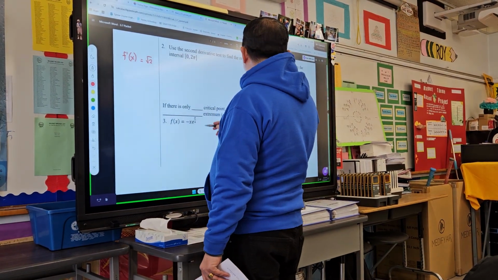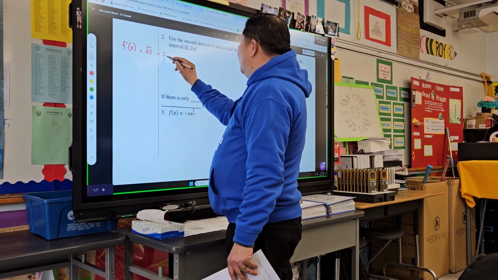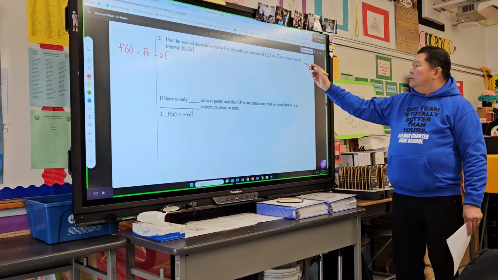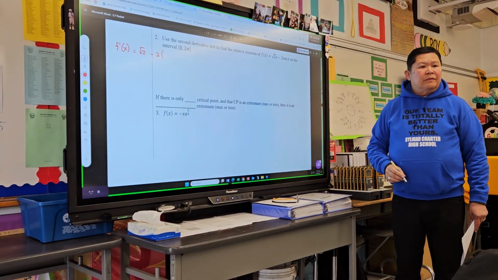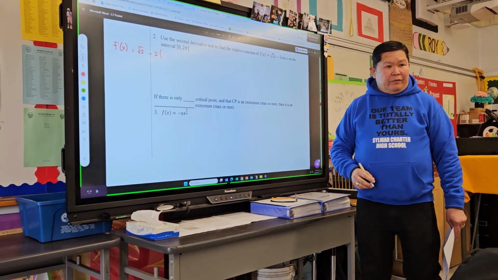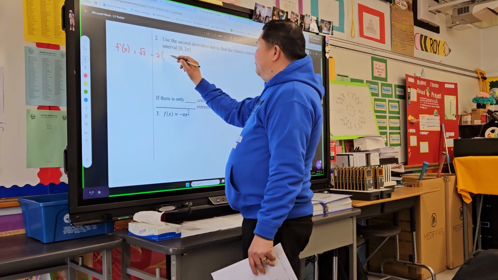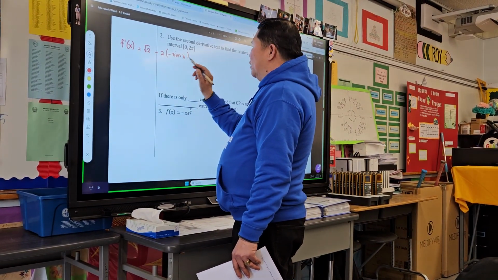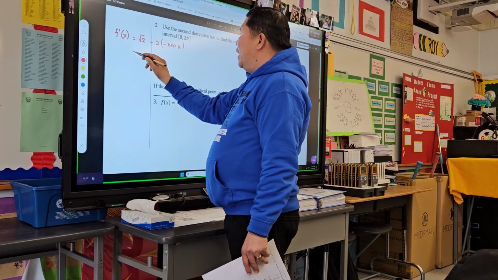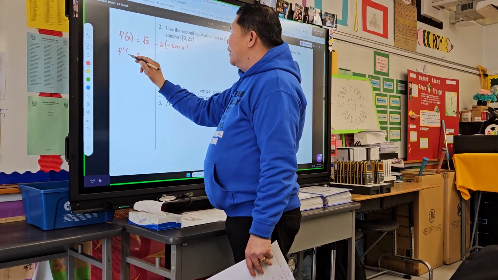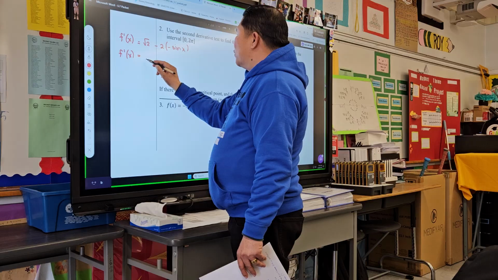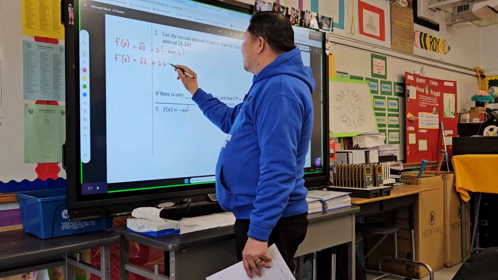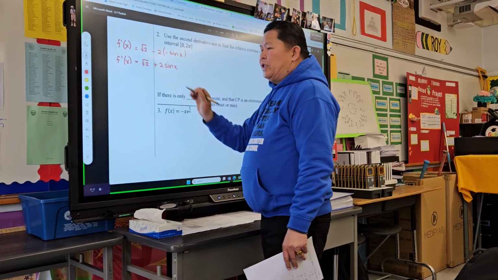And then we have minus 2, and then the derivative of cosine is negative sine, right? So negative sine x. So simplifying this, we're gonna have f prime of x is equal to square root of 2 plus 2 sine x. Any question on this?